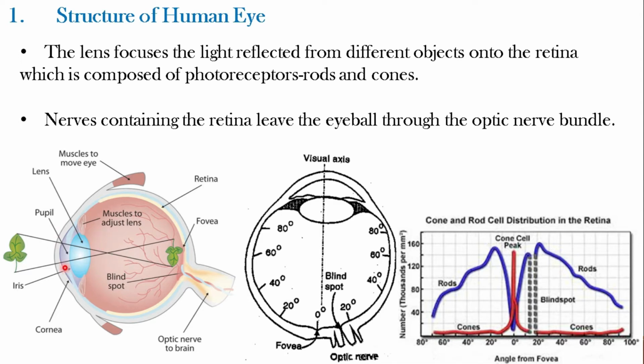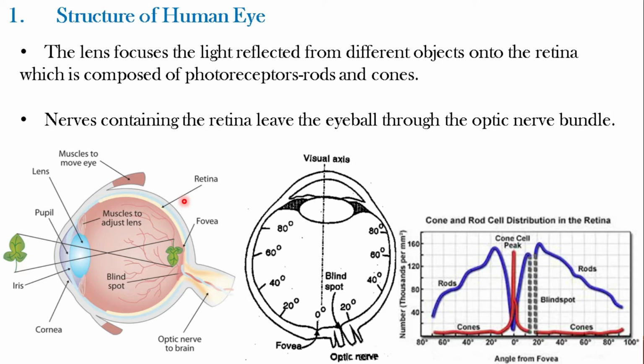The front of the eye is covered with a transparent surface which is called the cornea. The inside of the eye has the retina, which is composed of two types of photoreceptors, the rods and the cones, right? So now see, again, everything is there in the name. Why are the names rods and cones there?